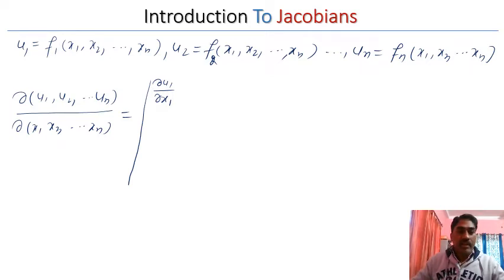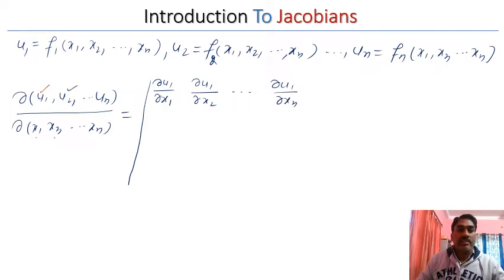The trick is the same. Take the first function and its partial derivatives with respect to x1, x2, xn, and write them in the first row. So del u1 by del x1, then del u1 by del x2, and finally del u1 by del xn.